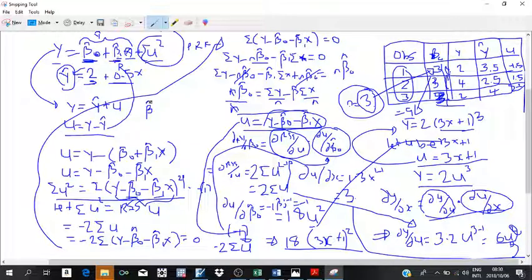our formula: beta hat naught is equal to summation of y divided by n. If you divide the total of the observations by the sample size, if you say 2 plus 4 plus 2 divided by 3, you get an average. So this will give us the average value of y.